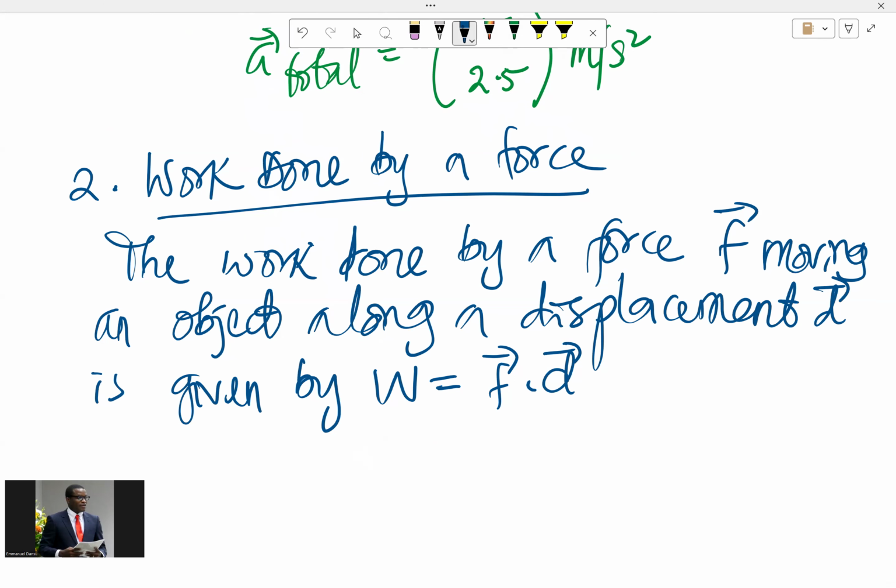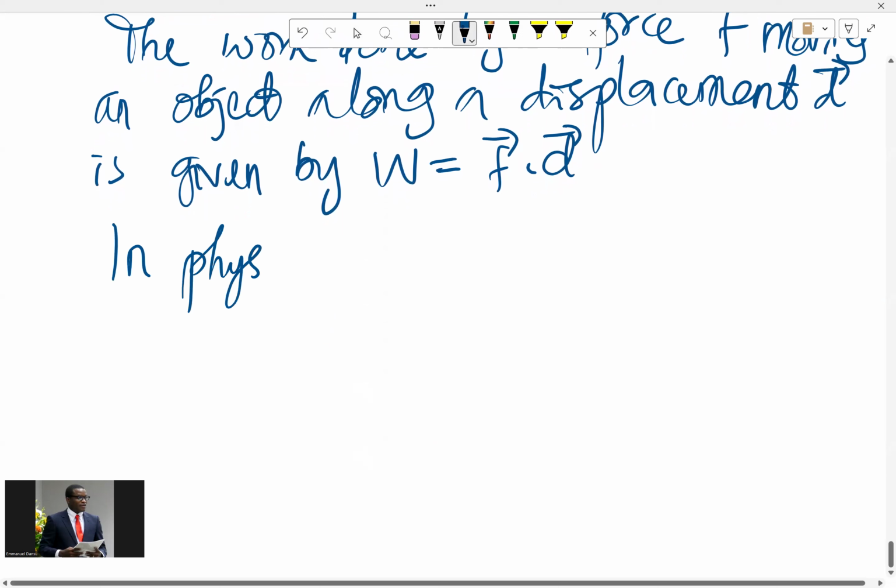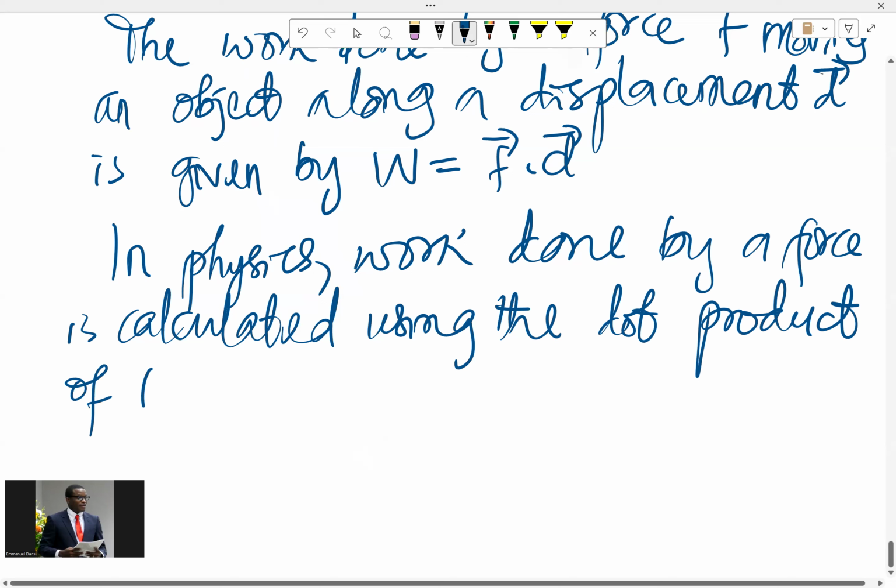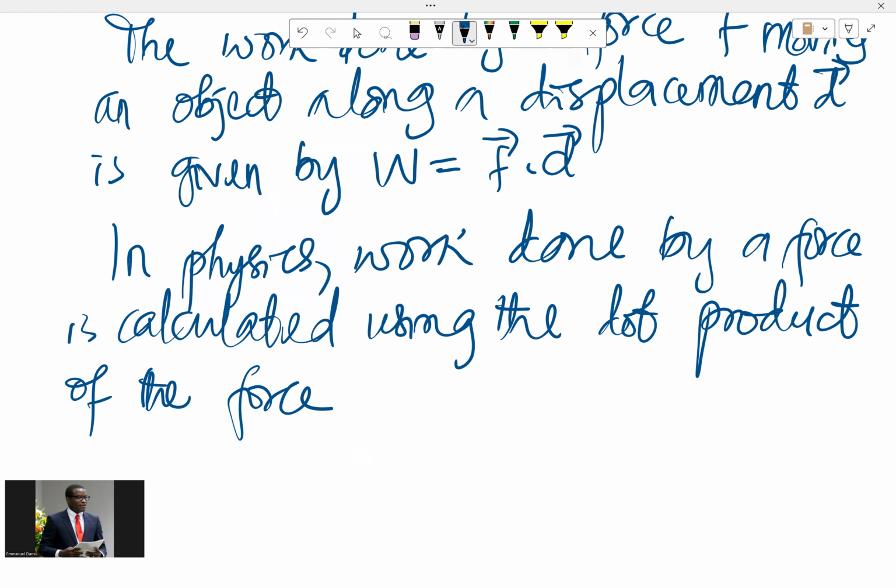And talking about the application, in physics, work done by a force is calculated using the dot product of the force, because the work done at the end of the day is going to be a scalar.